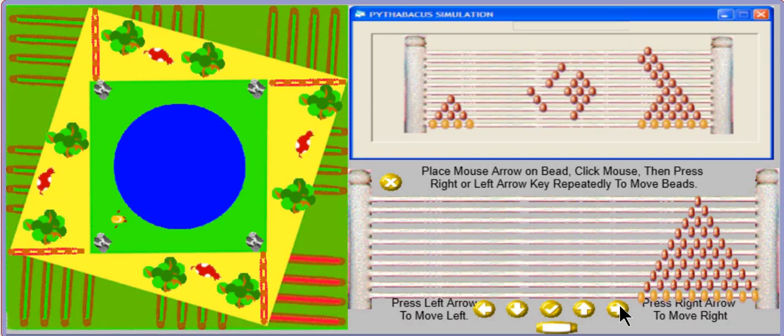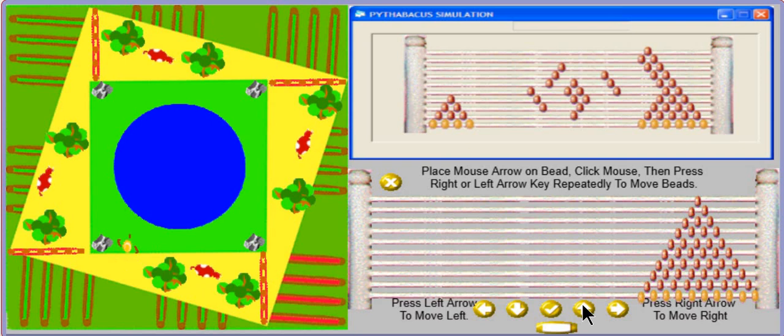So we'll bring him to the third plot of land. There is the other set of beads representing the 1 times 3 rectangle. The 1 times 3 rectangle here. But he's not done yet.